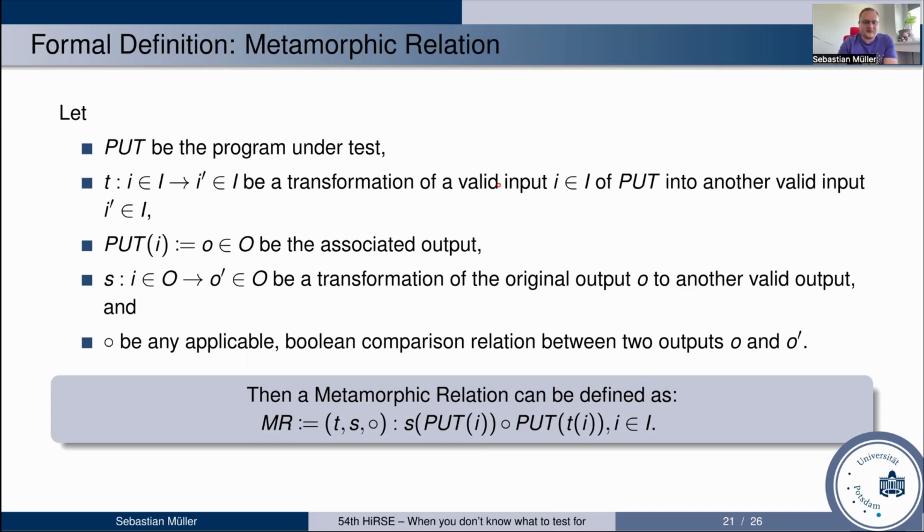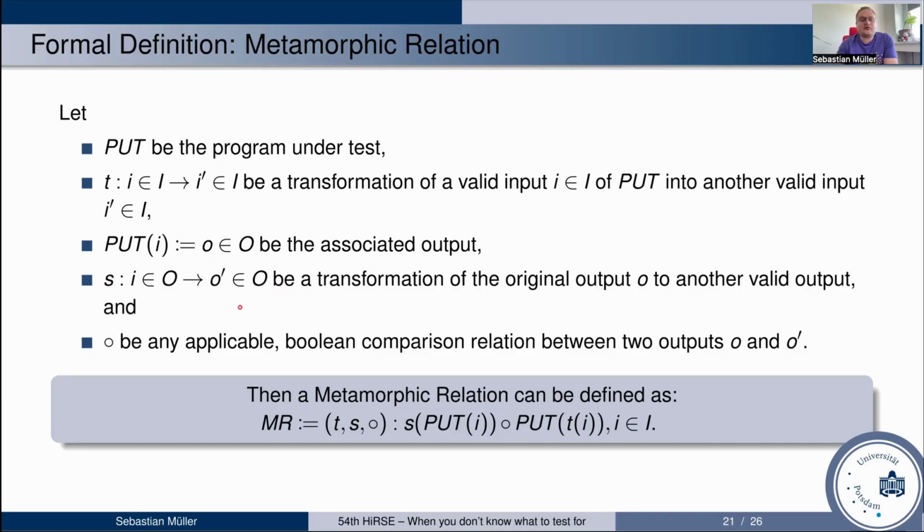Then we have fulfilled this first bullet point, and we define that our program under test applied to this input will generate an associated output that lives within the set of all possible outputs. We are also considering two more things that are not on the previous slide.